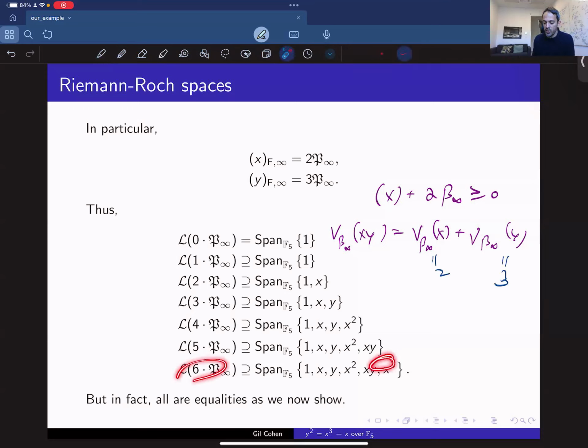In 6 you can get x cubed, and you can see that actually from essentially this point on, every time you increase this number, you can find another function, another way of combining x and y's.